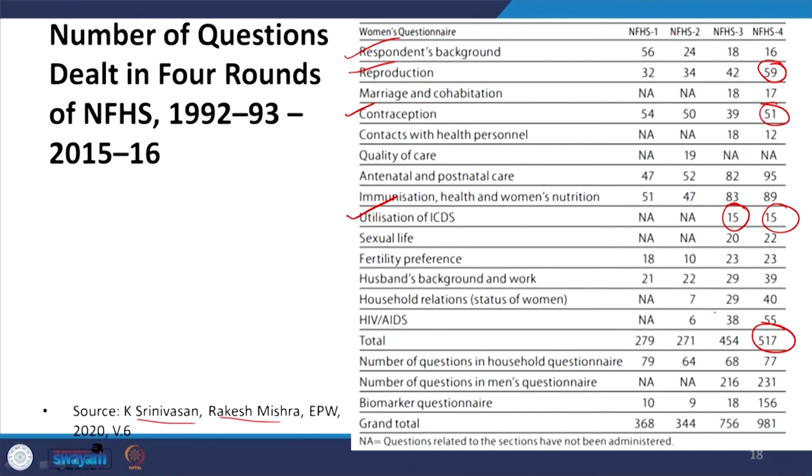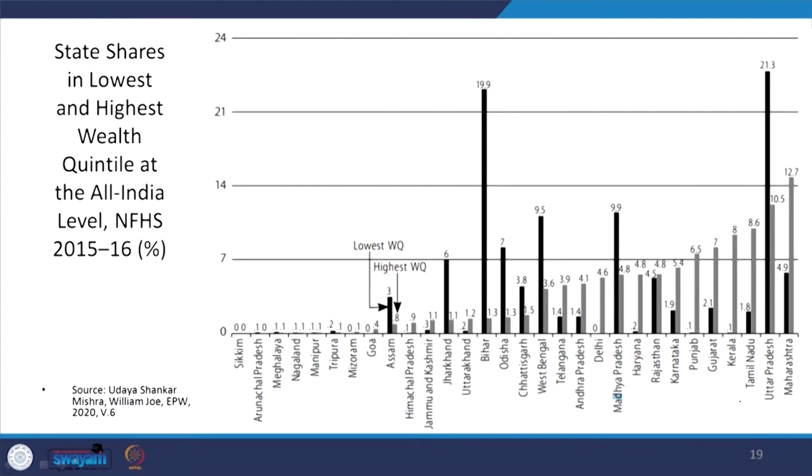The number of questions in the household questionnaire is 77. In the latest round, the number of questions in the main questionnaire is 231, and interestingly there are 156 varieties of biomarker questions, so you are able to get a scientific observation on it. In total, there are 981 questions covered.